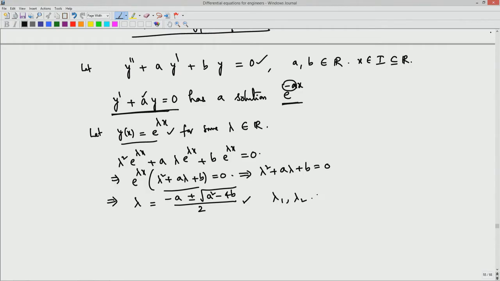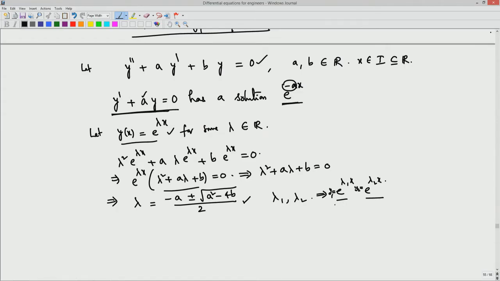Then the solutions are e power lambda 1 x and e power lambda 2 x. If lambda 1 and lambda 2 are different, certainly these two solutions are linearly independent. This is your y1, this is your y2. If you divide y1 by y2, it is not a constant if lambda 1 is not equal to lambda 2.